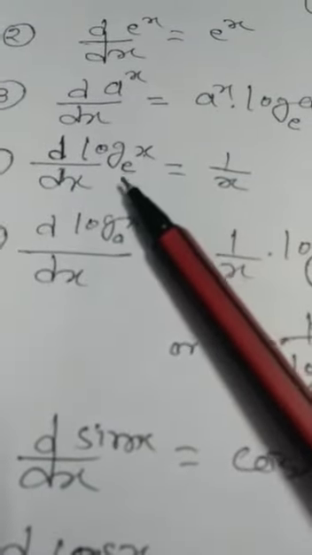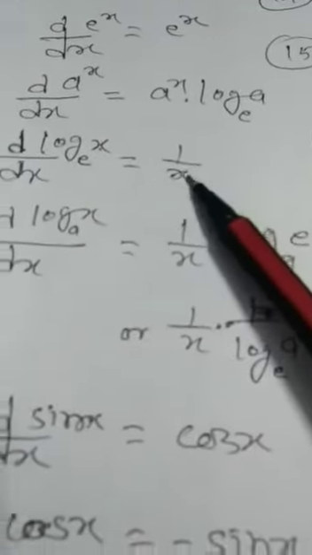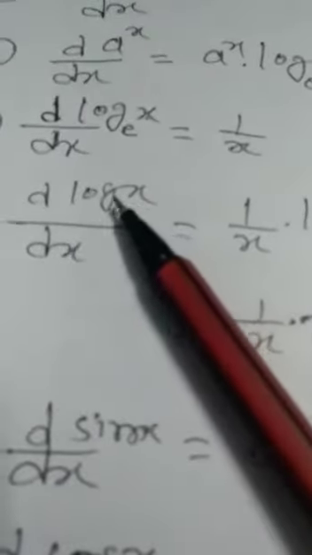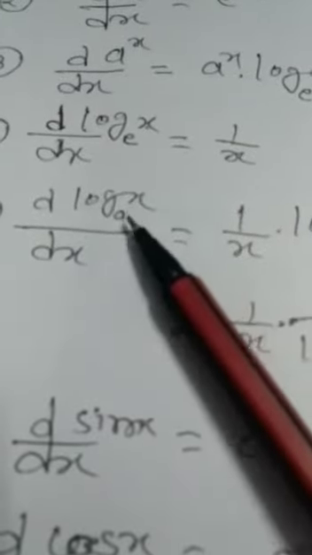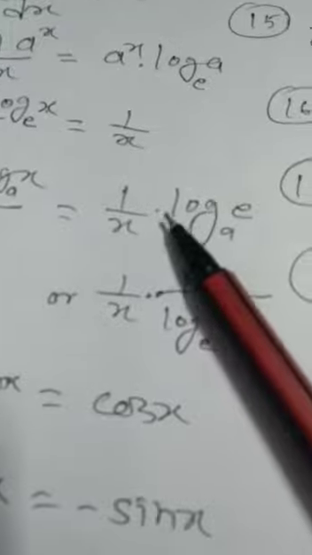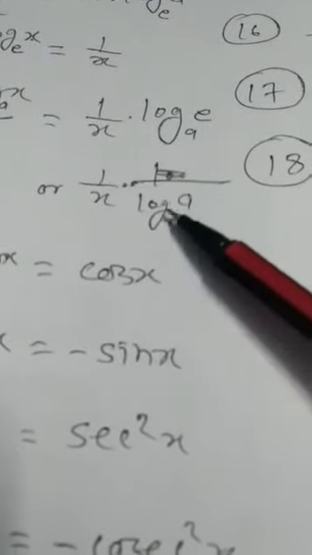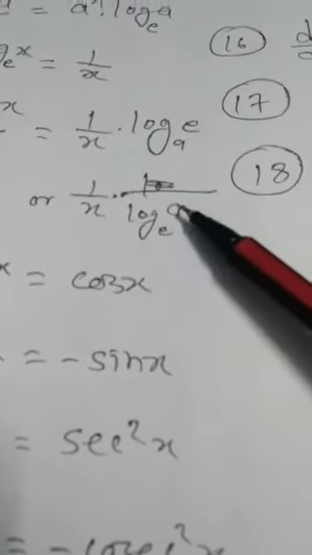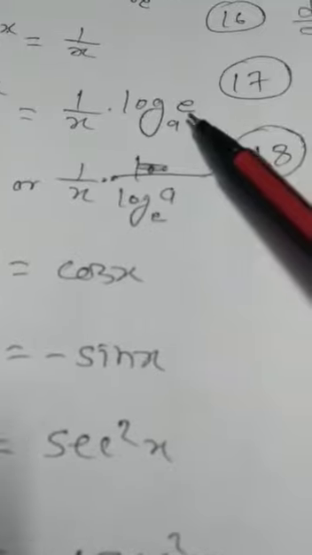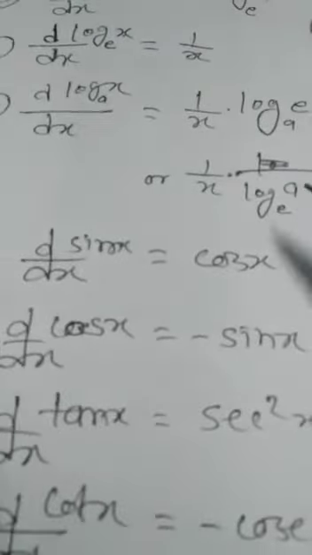When log of x to the base of e is differentiated with respect to x, the result will be 1 by x. When the base of log is changed, log of x to the base of a, then its differentiation becomes 1 by x into log of e to the base of a. Or you can show this log in the denominator, in that case log of a to the base of e. Here base and e are changed when it comes in the denominator.